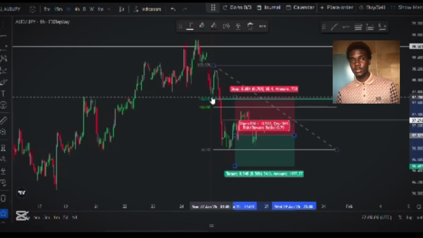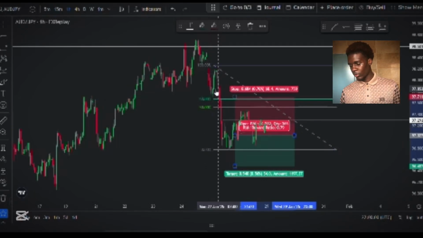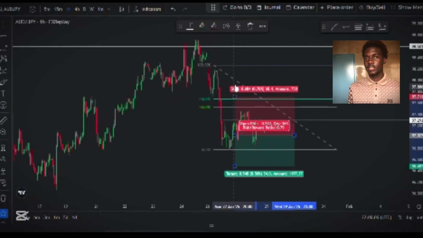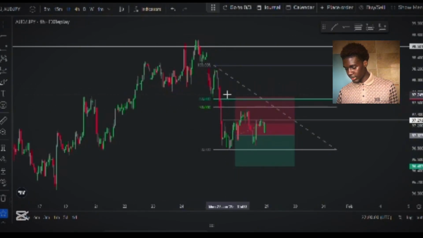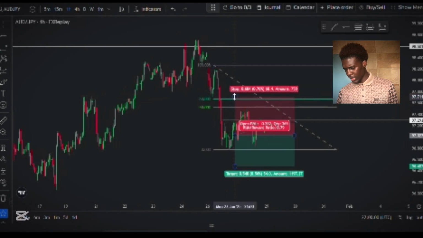When it's above 60%, the chances are lower. Me putting my stop loss there, I'm being very conservative. So I put the stop loss there, somewhere around 68 pips.